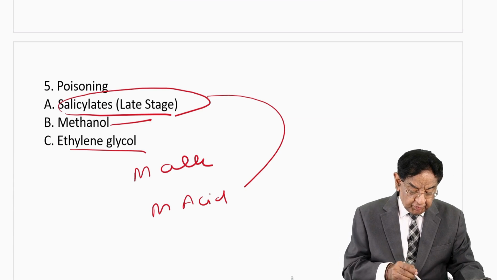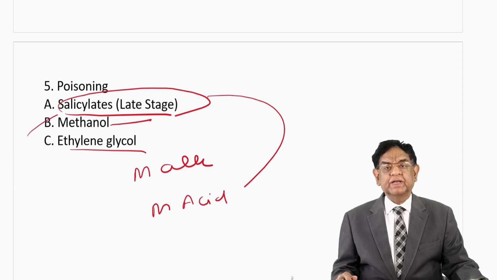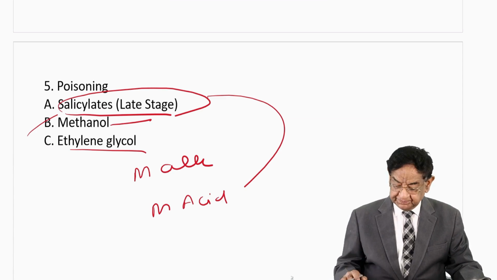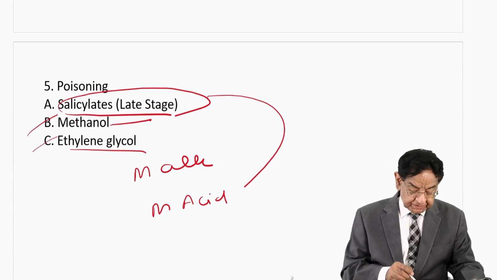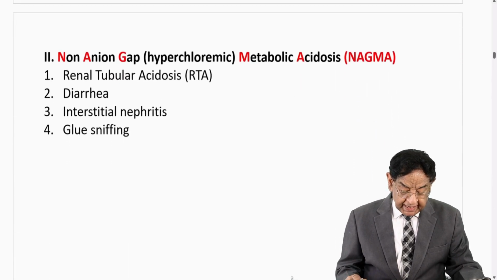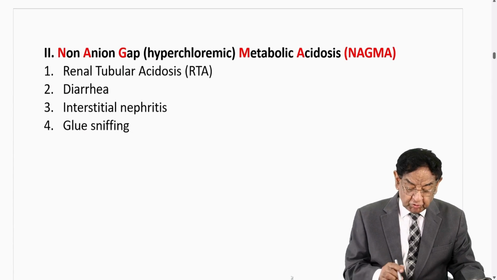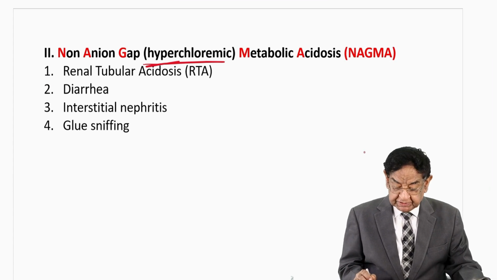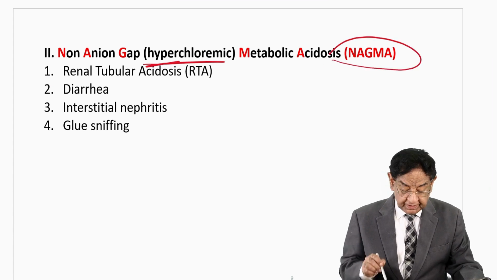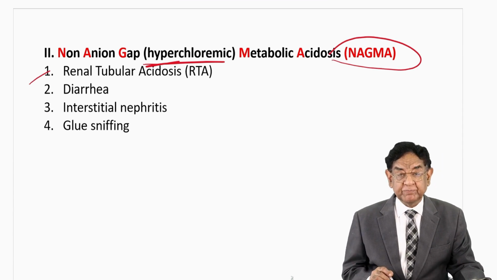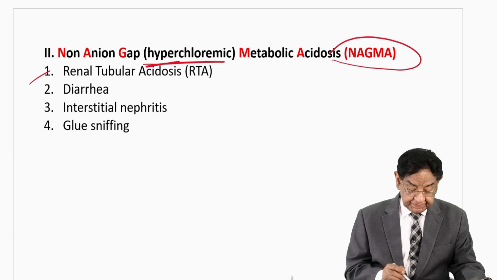Okay, methanol poisoning, what we call in India is kachi sharab tadi. This is much more common in Western countries. Now, normal anion gap metabolic acidosis, also called hyperchloremic metabolic acidosis, so-called NAGMA. Renal tubular acidosis, type 1, type 2, type 4, all types.